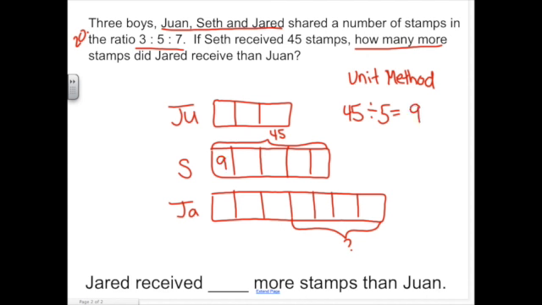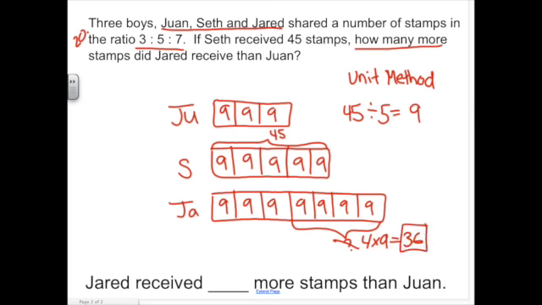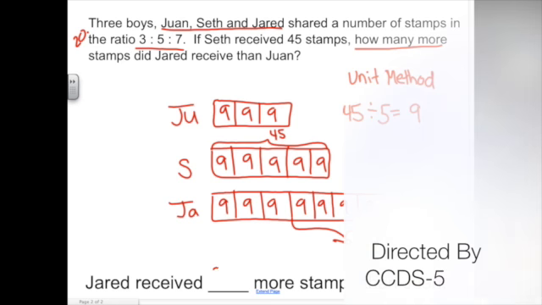That means that each one of these units is 9. Since we're in a ratio, we're comparing like amounts. So that means every single unit is 9. So if I want to find my question mark here, it's 4 times 9, which equals 36. So Jared received 36 more stamps than Juan.